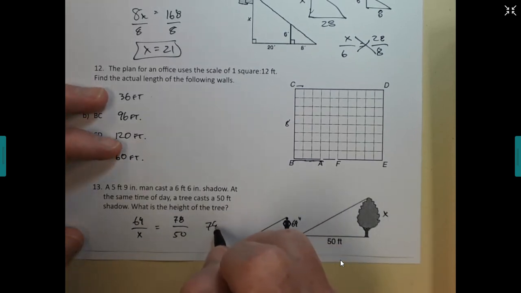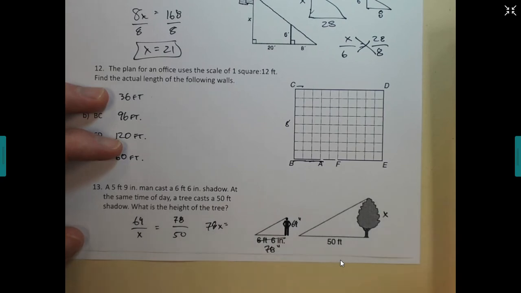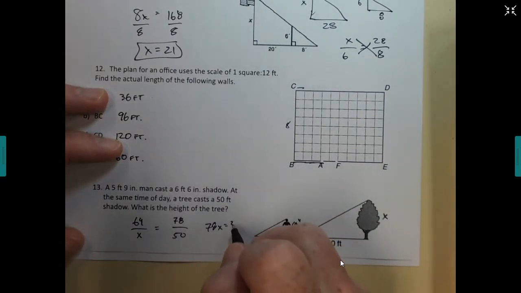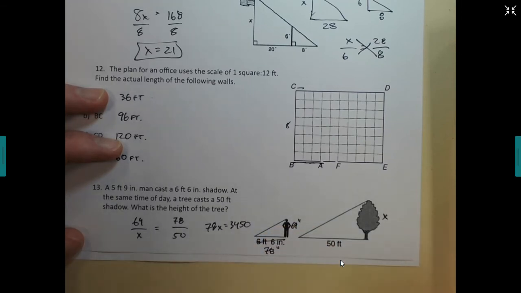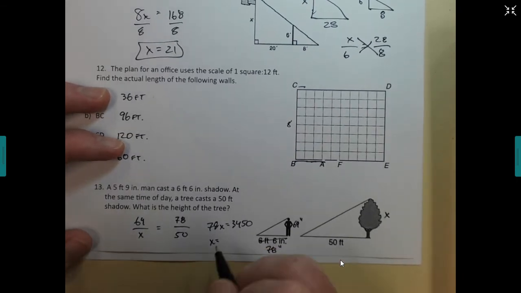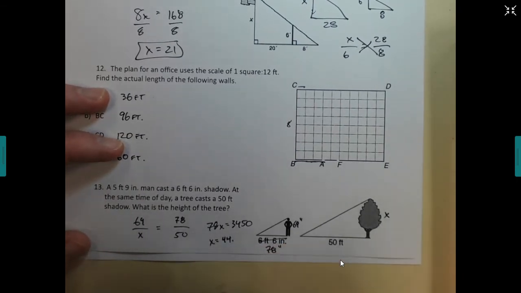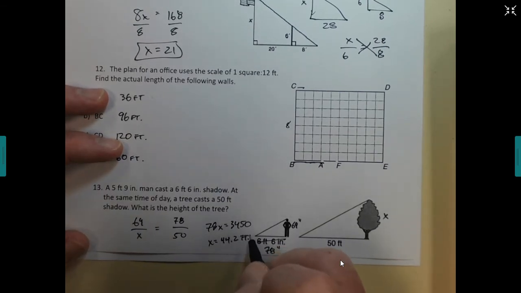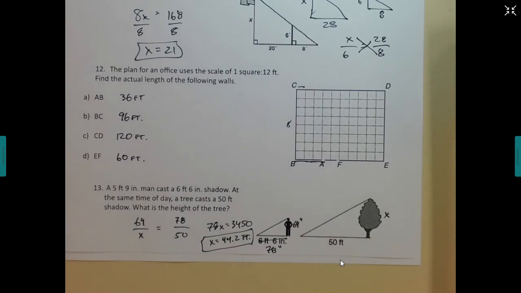Cross multiply, I got 78 times x. 69 times 50 is 3,450. Divide both sides by 78. And my tree is about 44.2 feet tall. Okay.